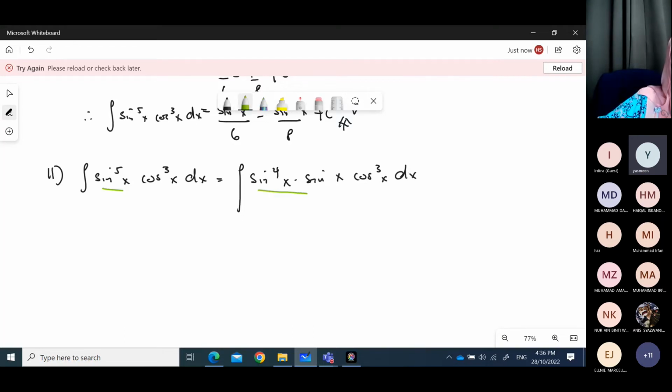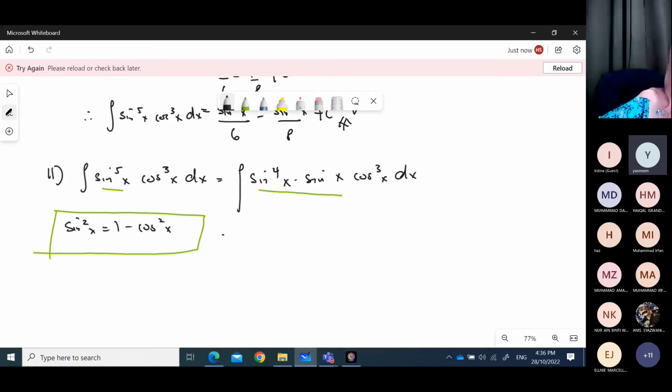Okay, kita faktorkan yang ini. Right, so kita gunakan identity, since kita sine, kita faktorkan sine, so identity kita adalah sin square x equals to 1 minus cosine square x.